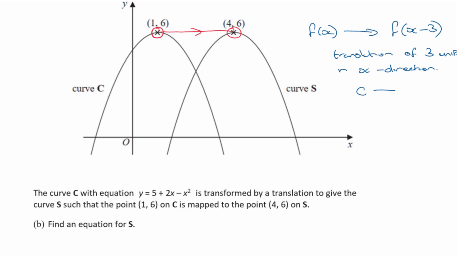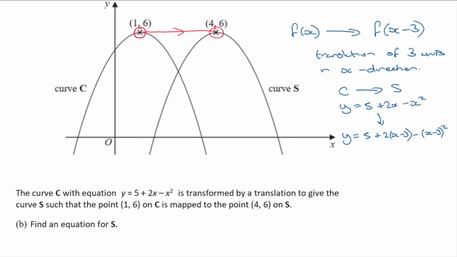So my equation for C going to S then: my equation for C was y is equal to 5 plus 2x minus x squared. That is going to go to y is equal to 5 plus 2 lots of x minus 3, minus x minus 3 all squared.